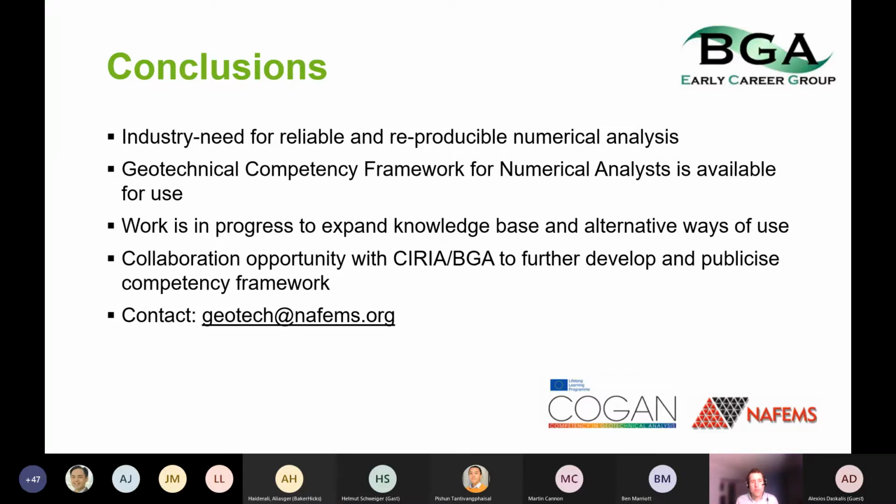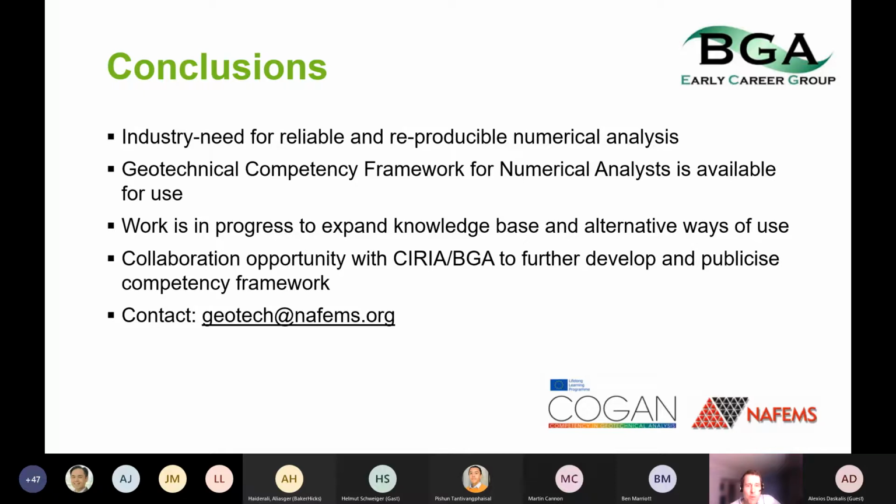We're looking at ways to make this more accessible and also to broaden the knowledge base to support that competency development. And on evenings like this, we reach out to the community to first of all publicize this, because it's a resource that was created with taxpayers' monies and is there for people to use, but then also to see what other ideas or needs are out there.